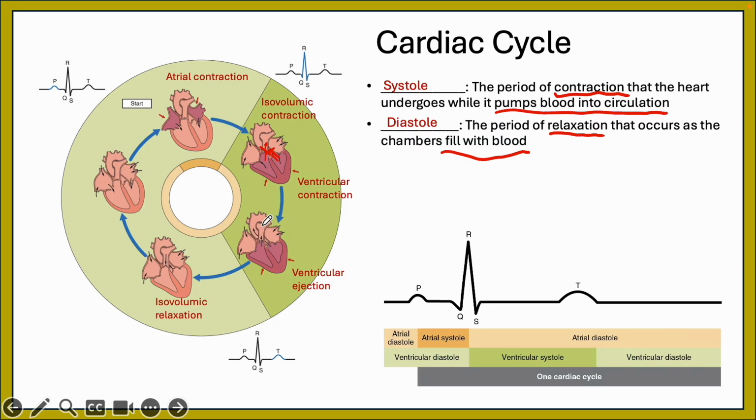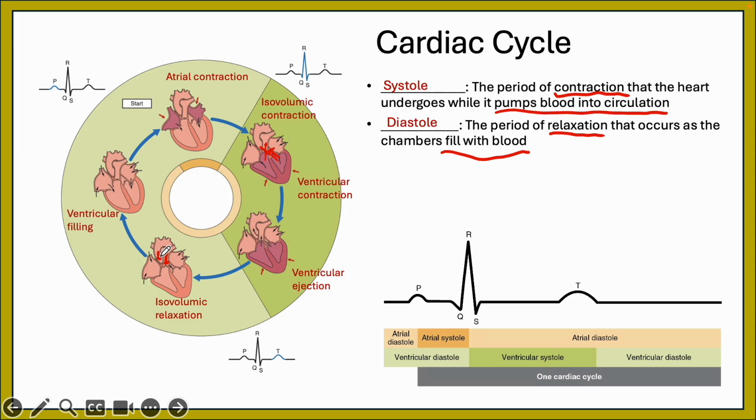And then you're going to have isovolumetric relaxation. This is when the blood is going to flow backwards, and that is going to close the pulmonary semilunar and the aortic semilunar valves.